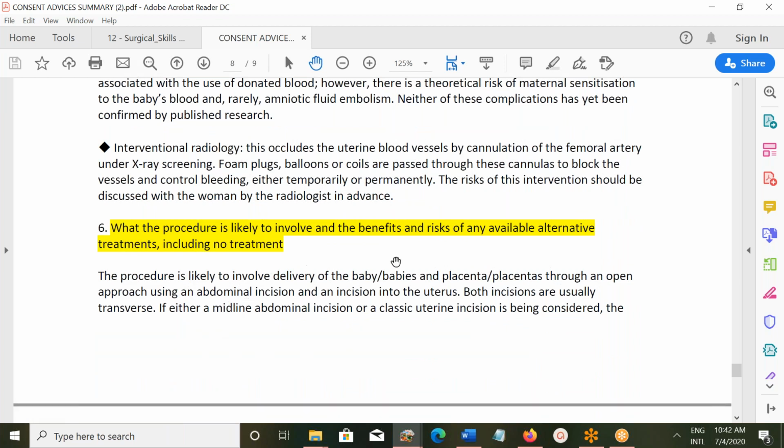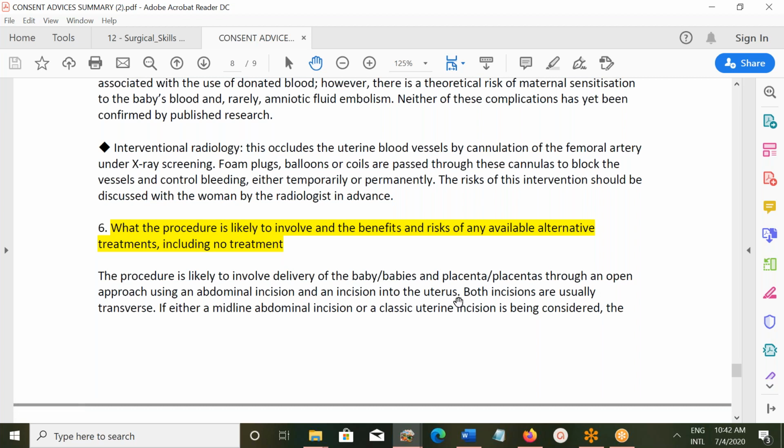So including no treatment, you should know that the procedure is likely to involve delivery of the baby or the babies and placenta through an open approach using abdominal incision and incision into the uterus. Both incisions are usually transverse.